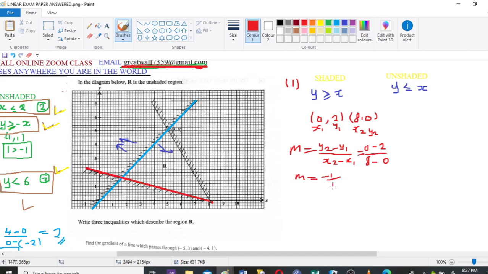So the next thing we have to do is to calculate for the value of c by using the general equation for linear equations, which is y is equal to mx plus the constant number. Now we can choose a pair to use here.